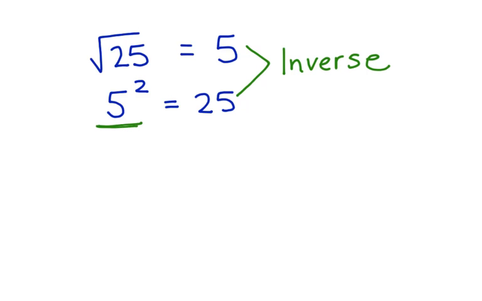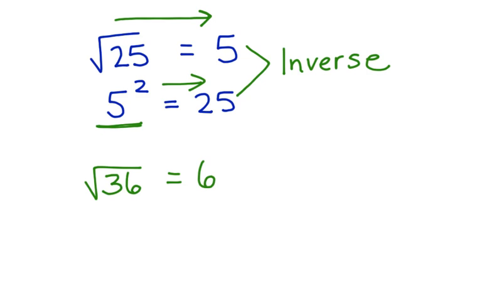In our work with exponents, we worked this way. With our work with square roots, or radical expressions, we're going to work this way. So we could say again the square root of 36 is equal to 6 because 6 squared is equal to 36.